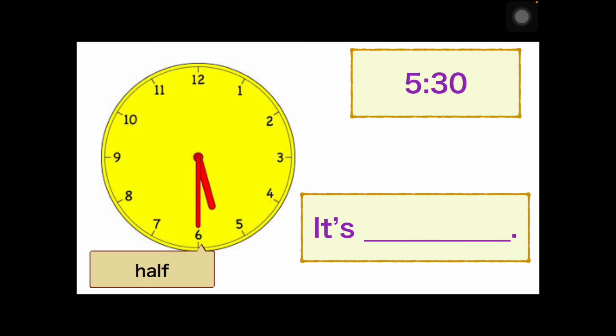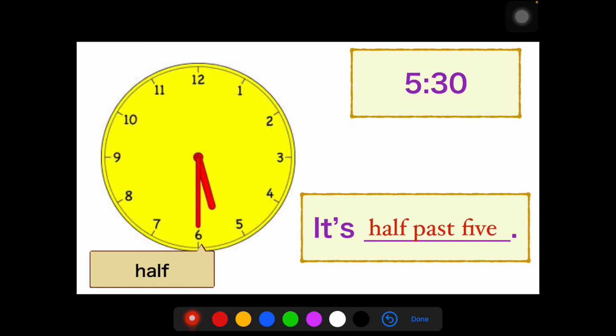Repeat after teacher. Half. Nice. So this one is "half past." Past, remember, we need to use the number before the short indicator. So this one is half past 5. Half past 5. Very good.